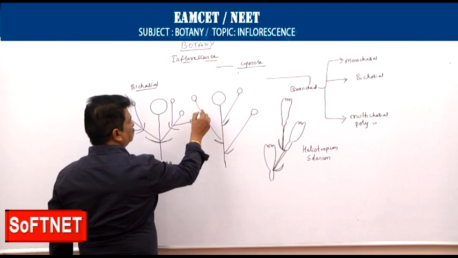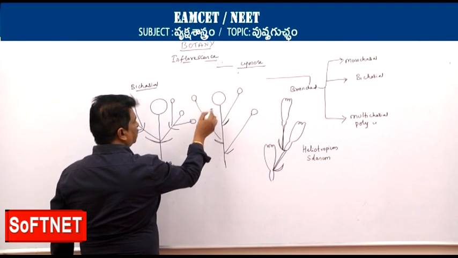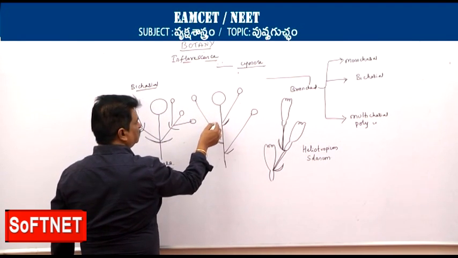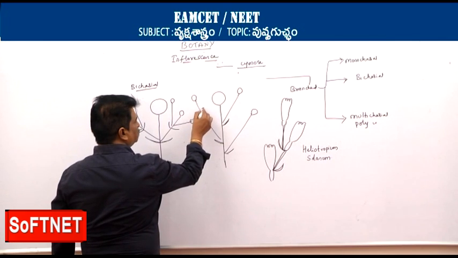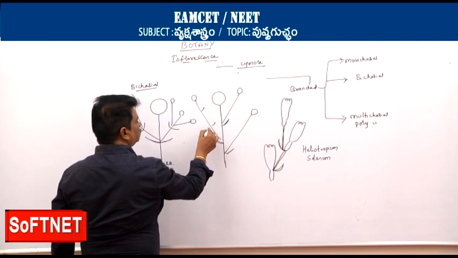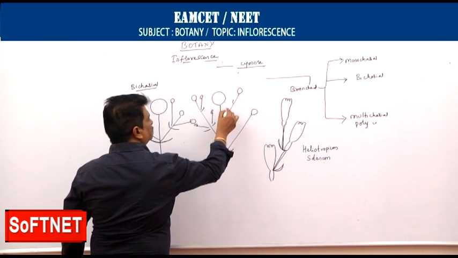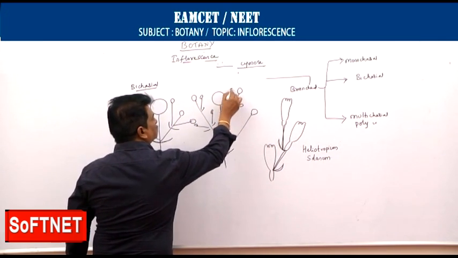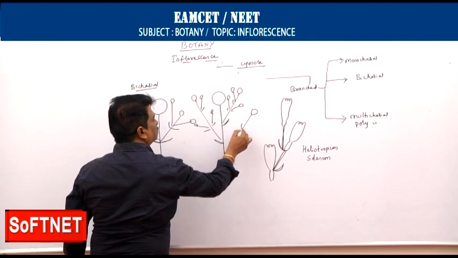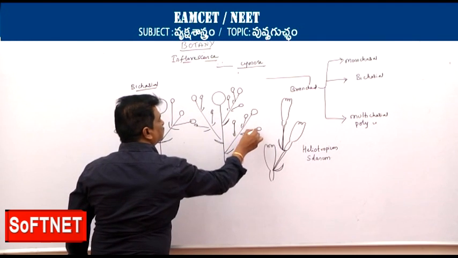Again, this is the first generation. Second generation means each branch again produces 3 branches terminated with flowers, like this.